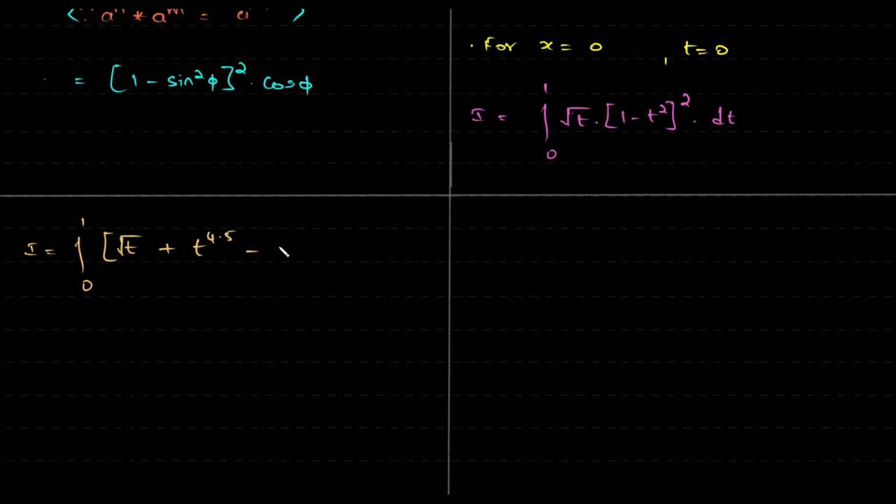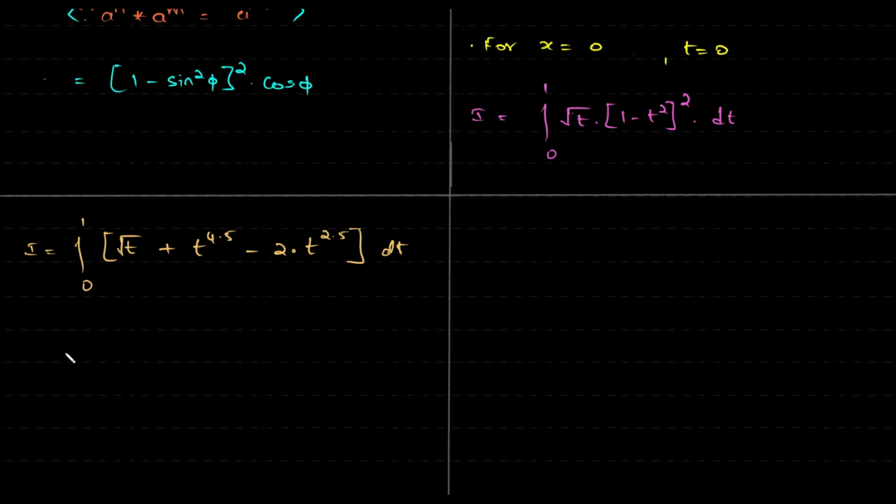Minus 2 into a, which is 1, into b, which is t square, multiplied along with it, so t to the power of 2.5, into dt. Again, my advice is try to do this. If not, do it systematically, you'll get the same thing.